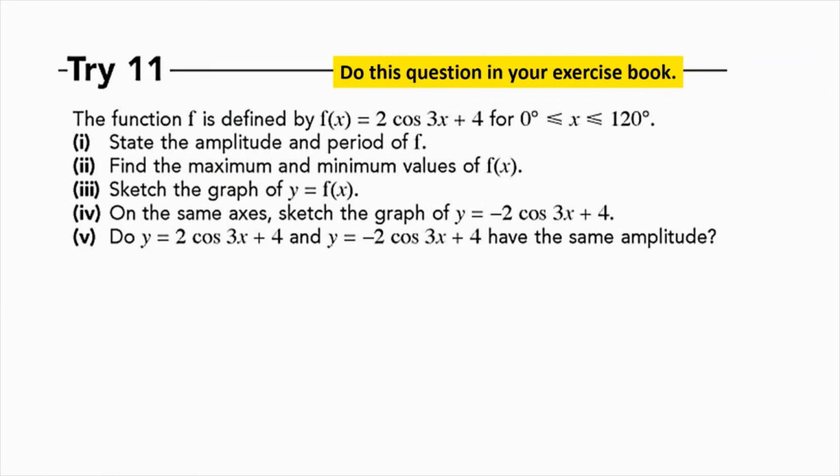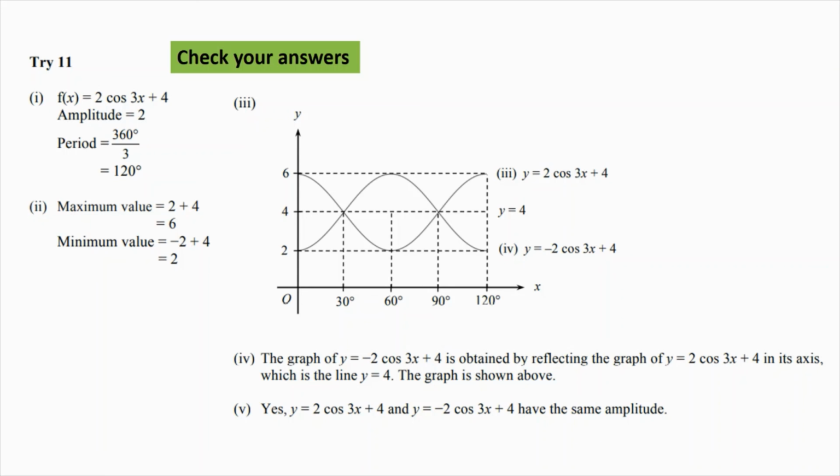Try 11. Do this question in your exercise book. Pause the video and later check back for the answer. The answer: the amplitude, from A cosine bx plus c, the A is 2, so the amplitude is 2.